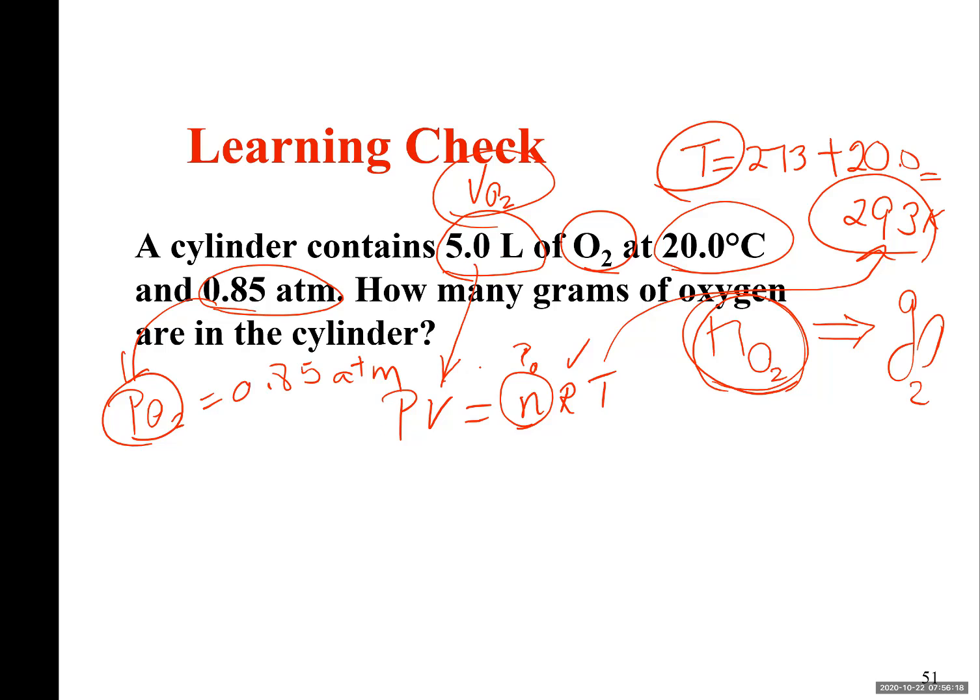Yes, 5 liters. Do I have the pressure? Yes, 0.85. So in this equation, pressure is known, volume is known, gas constant is known, and temperature is known. So I have to solve this equation for the number of moles, right? How would I do that?